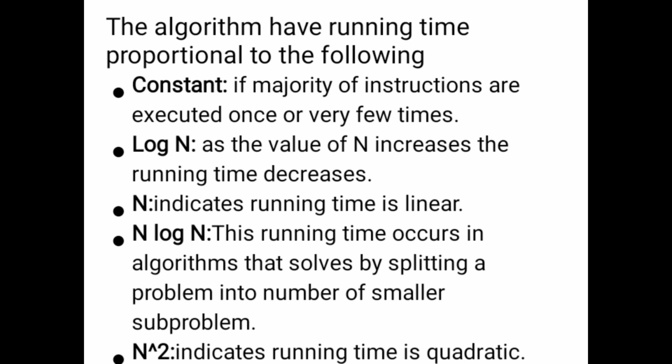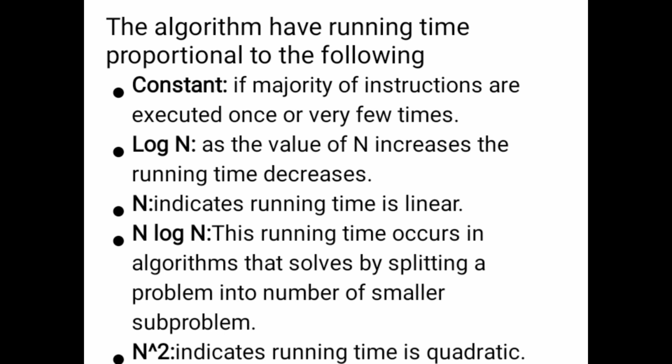N log n indicates that this running time occurs in algorithms that solve problems by splitting the problem into a number of smaller subproblems, solving these subproblems, and finally combining the solutions. Problems such as quicksort, merge sort, etc. will have this runtime. Next, n square indicates that the running time of a program is quadratic.